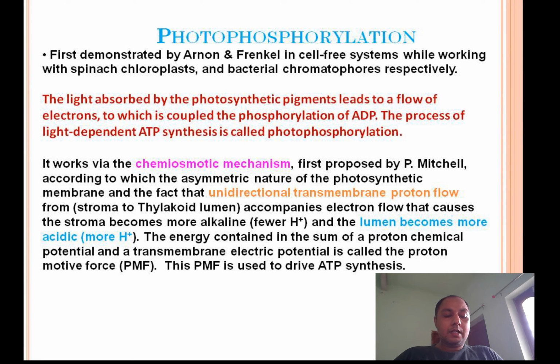That means on one side of the membrane the proton concentration is higher, and on the other side it is lower, and this generation of proton motive force drives the ATP synthesis. The same chemiosmotic mechanism is considered for photophosphorylation.